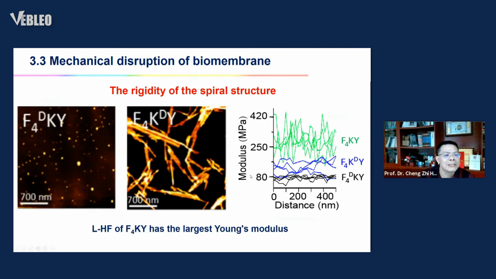In order to identify whether the assembled left-handed helical fibrils have enough mechanical capability to disrupt the organelle membrane, we measured the Young's modulus of the assemblies of different peptides, including F4DKY and F4KDY, and found that only F4KY has the largest Young's modulus. That is, our left-handed helical fibers have strong rigidity to disrupt the organelle membrane.